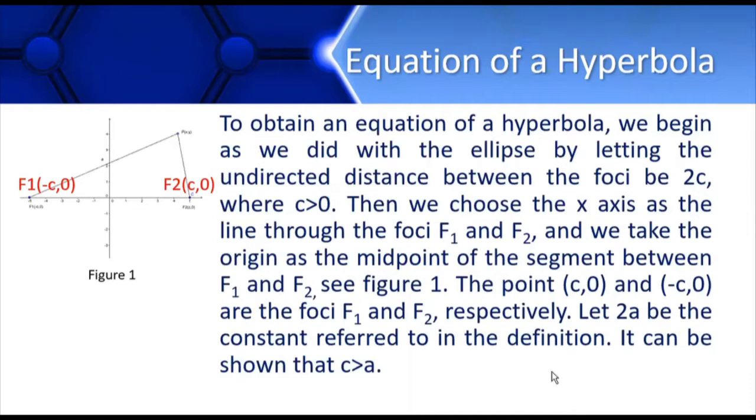Then let 2a be the constant referred to in the definition. Kasi di ba may binabanggit na constant. So gagamitin natin yung 2a. Then provided that the coordinate c is greater than a.